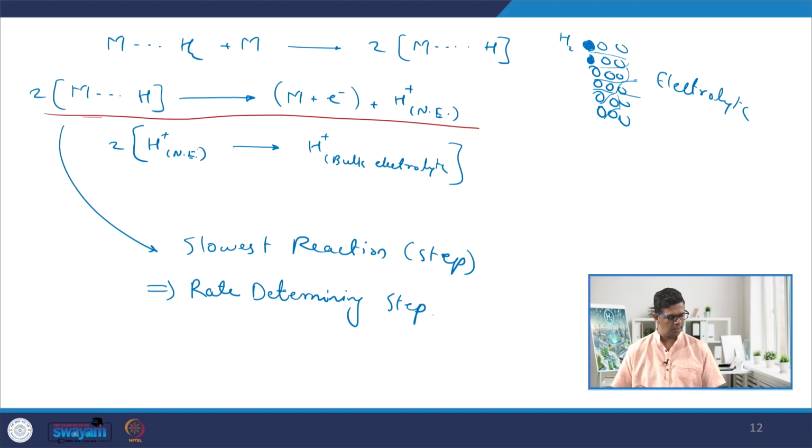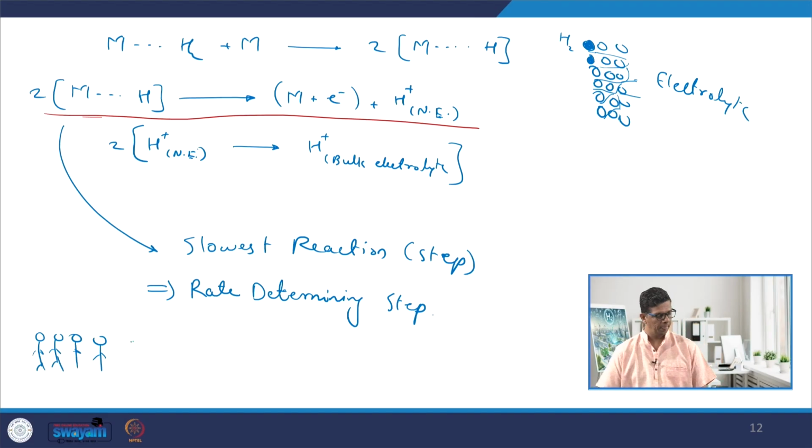This is also very similar to, let me take an example, let us say we have a group of 4 friends and they are going to watch a movie, and there are only 10 minutes left.